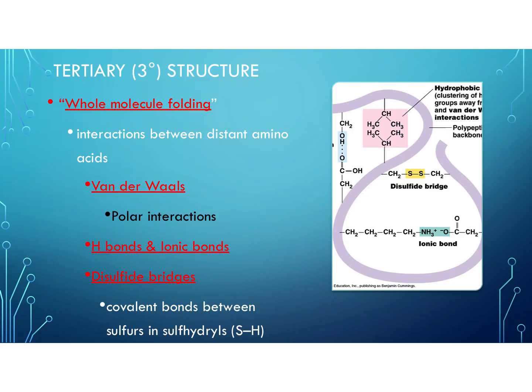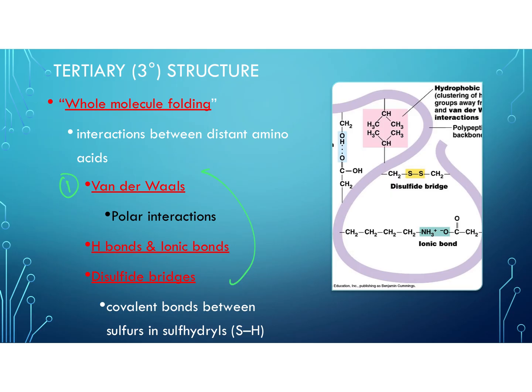Now, whenever it goes into this tertiary structure, it is not just forming these alpha helices and beta pleated sheets, but now it's forming into its true particular structure. And this is based on three types of interactions. The first one is van der Waals. This is where you have polar interactions, negative going away from negative.